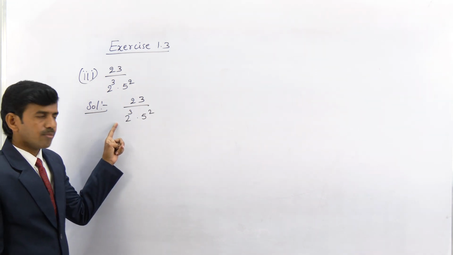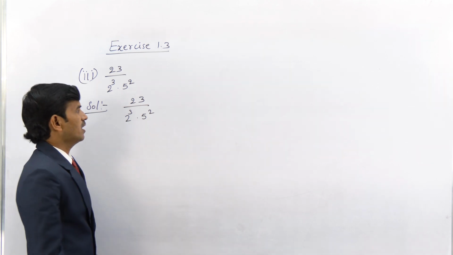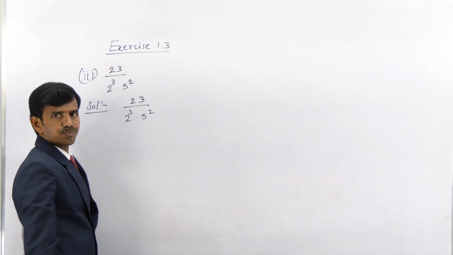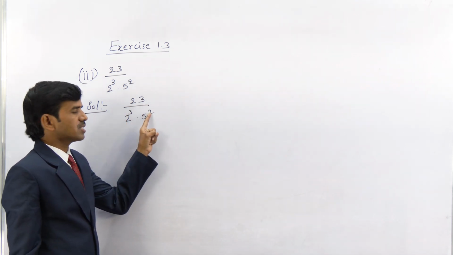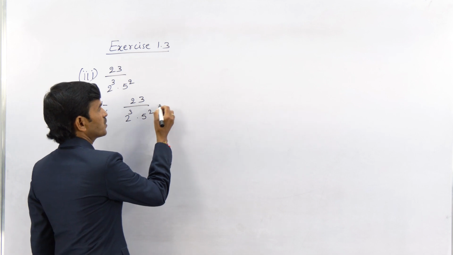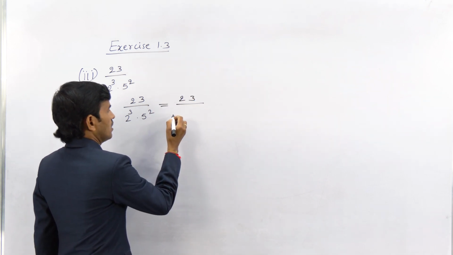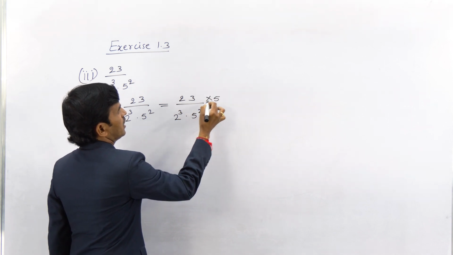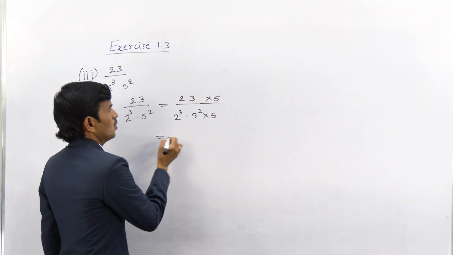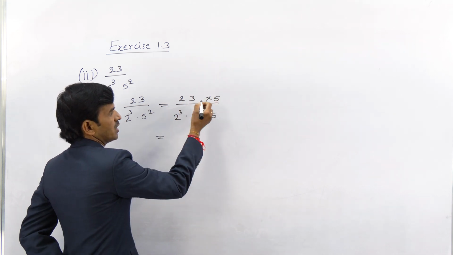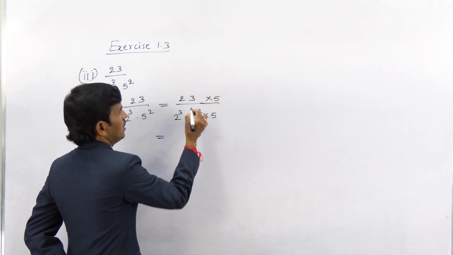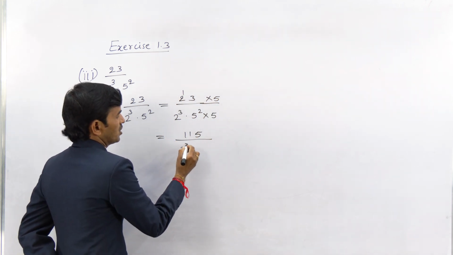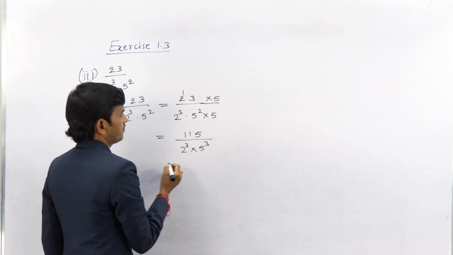Here the given rational number is in the form of 23 by 2 cube into 5 square. Let's convert the denominator into a multiple of 10. If you observe the powers, 2 power 3, here 5 power 2. So now we should convert this into common exponents. In order to do that, you should multiply the given expression with 5 in numerator and denominator. So 23 into 5, 5 3s are 15, 5 2s are 10 plus 1, 11, 115 by 2 power 3 into 5 power 3.